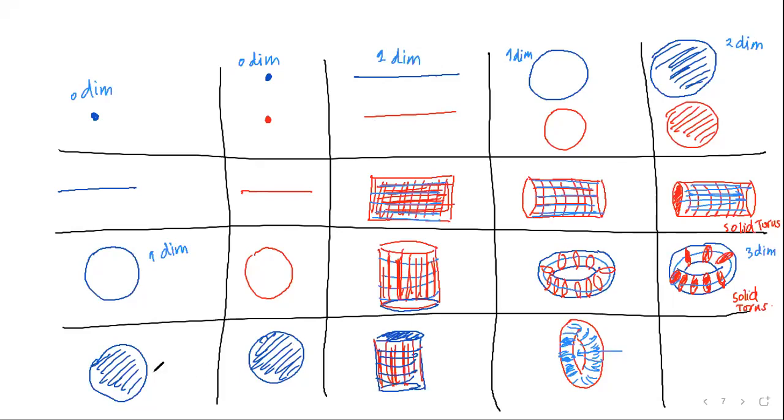Similarly, here there is a two-dimensional object, you multiply it with zero dimension, you will get two dimension. You multiply with one, you will get three dimension. Now this time, whatever the thing is, this is four-dimensional.